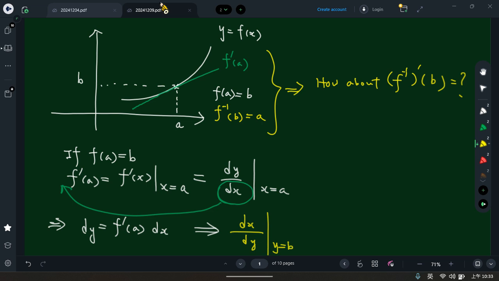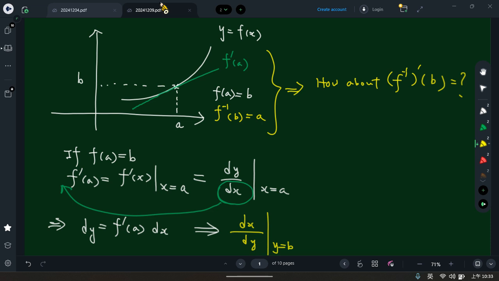Y is equal to b means, you can see, dx over dy means, for the original function, your view is from the x angle. But when you see dx over dy, your view is from the y-axis perspective.